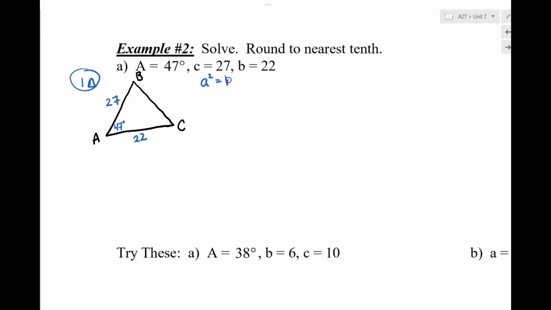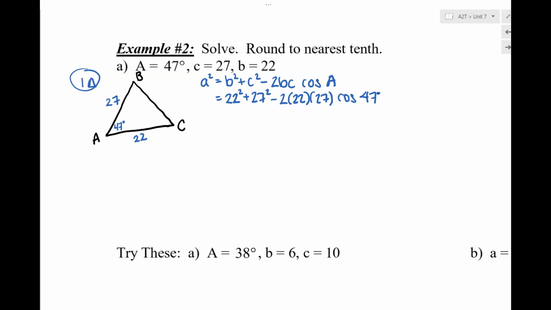Okay, so we'll do a squared is equal to b squared plus c squared minus 2bc times the cosine of big A. All right, so that means we get 22 squared plus 27 squared minus 2 times 22 times 27 times the cosine of 47 degrees. All right, putting that in my calculator, I'm doing it with you guys.